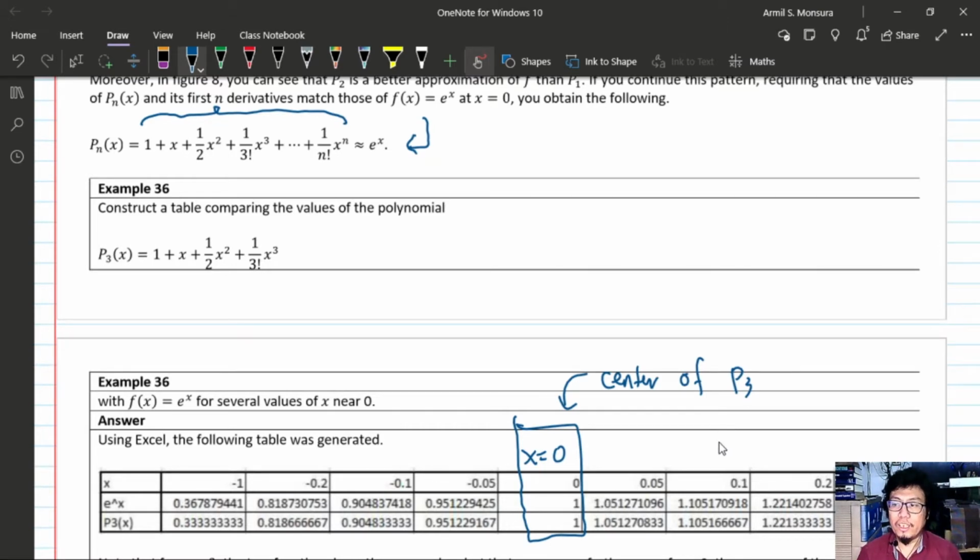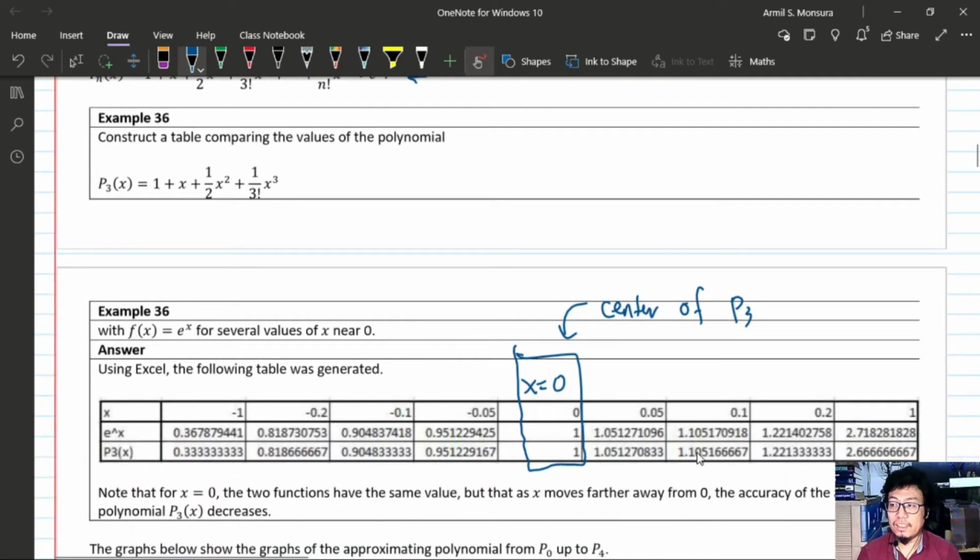As you can see, at the center they are equal. Your approximating polynomial and your given function have the same value. But as you go farther, either to the left or to the right, the approximations get worse. The approximations get farther and farther from the given function.